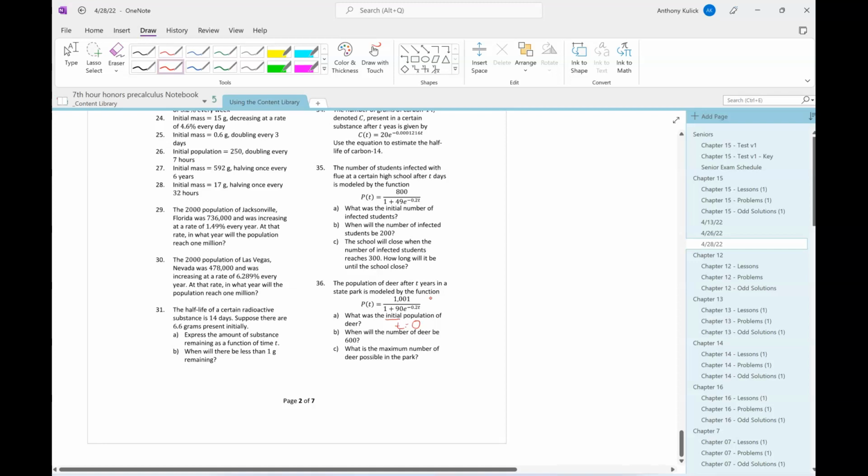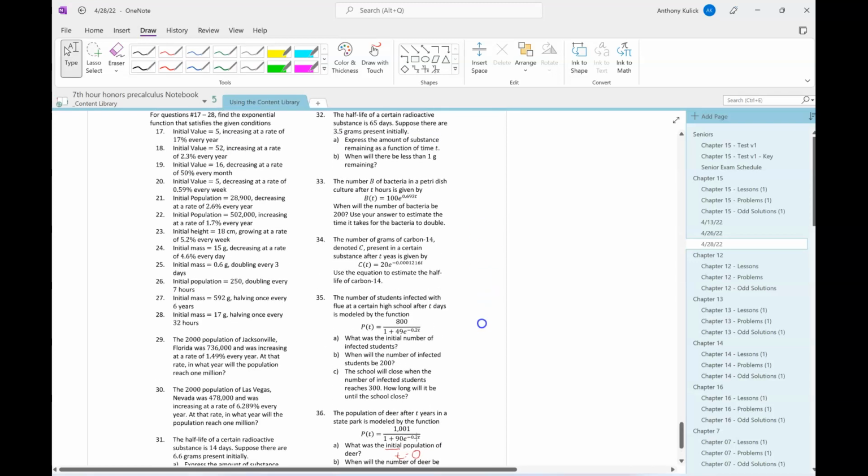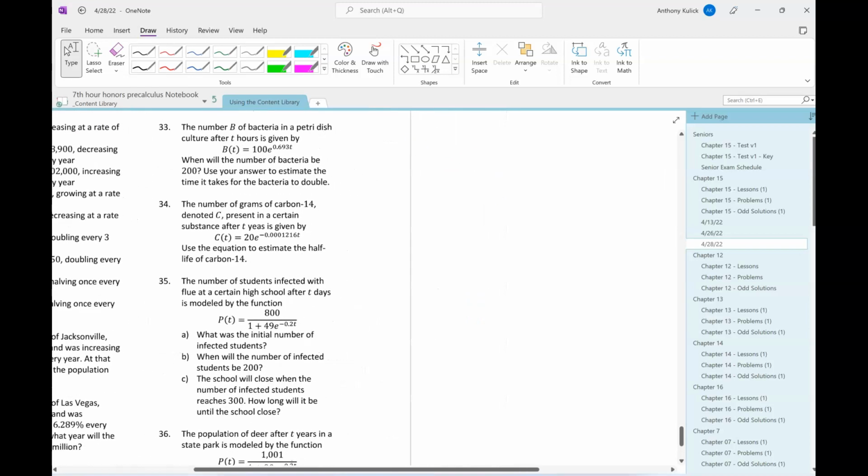And also, could you do 34? 34? Yeah. Okay. The number of grams of carbon-14, denoted C, present in a certain substance after T years, is given by C of T equals yada, yada, yada. Use the equation to estimate the half-life of carbon-14. So half-life is the time it takes for half of the initial amount of substance to decay.